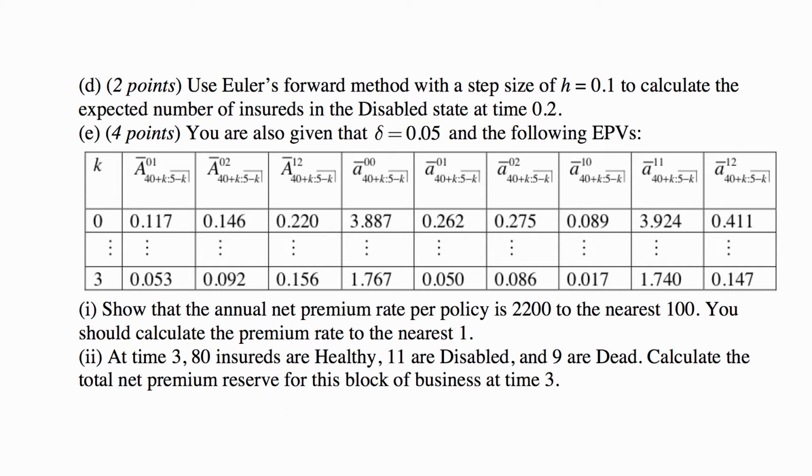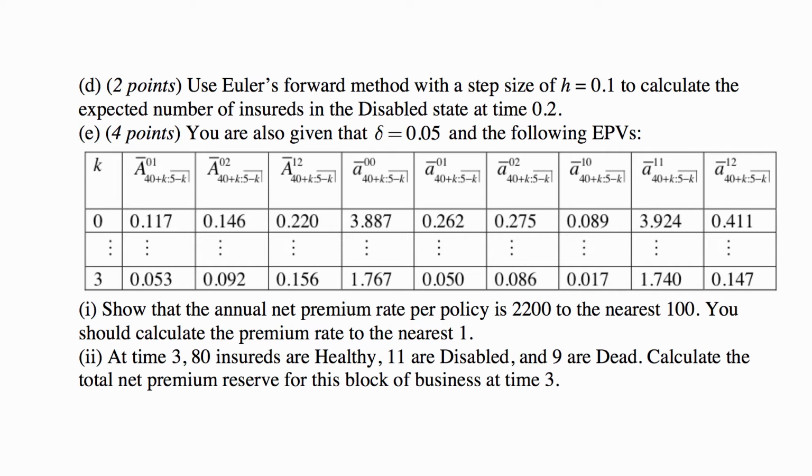That's part D. And part E says that you are also given that the force of interest is 0.05, and you are given this series of expected present values, or actuarial present values, for life insurance, but really something like life insurance. It's capital A bar.